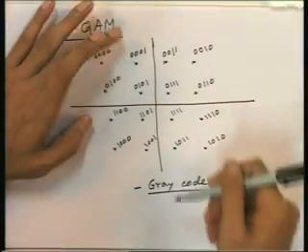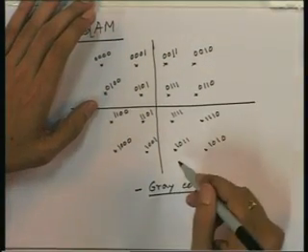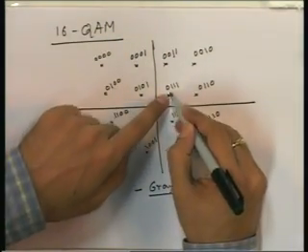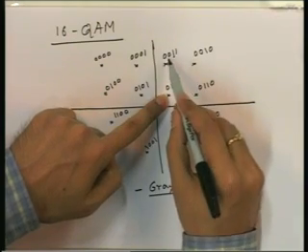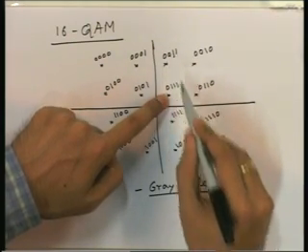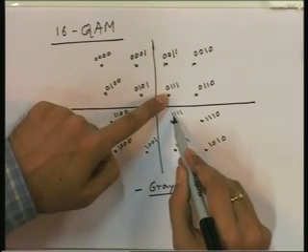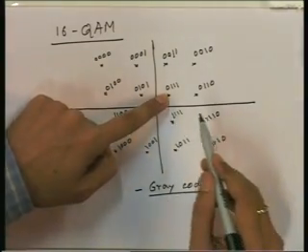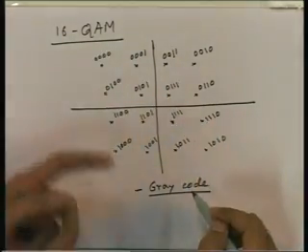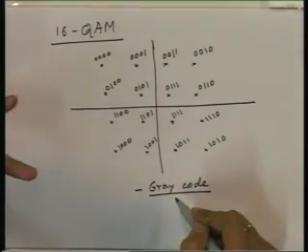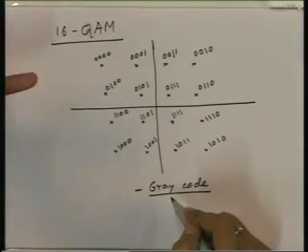But what about vertically neighboring points? Suppose you have this, go vertically up, there is only 1 bit different, the third bit, come down, there is only 1 bit different, the fourth bit. So, vertically also you can see that any two neighboring points have only 1 bit different.